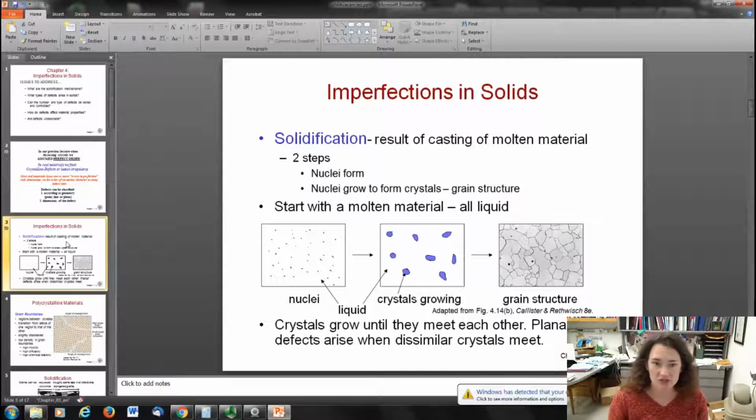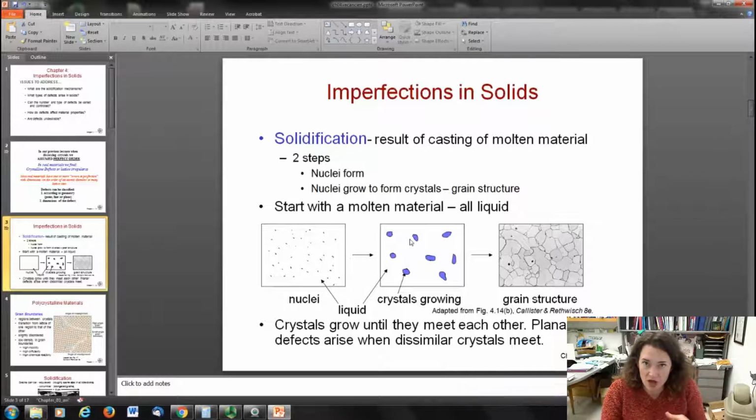But however it happens, you have these little nucleation points throughout the material, and then the crystals start to grow outward from these nucleation sites. So you have solid regions that are growing outward inside this molten material. Eventually, they're going to meet up with another region with a neighboring nuclei that's been growing outward.